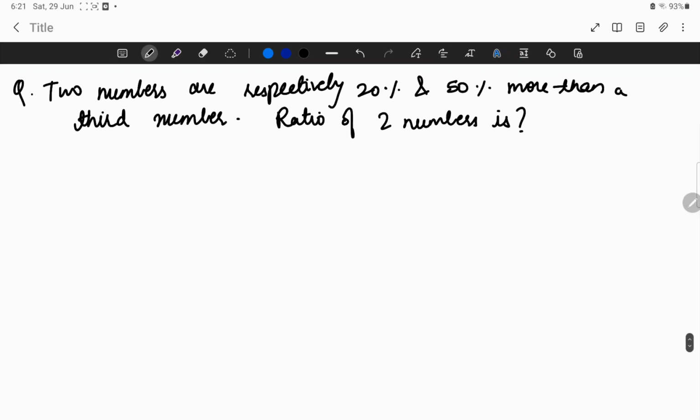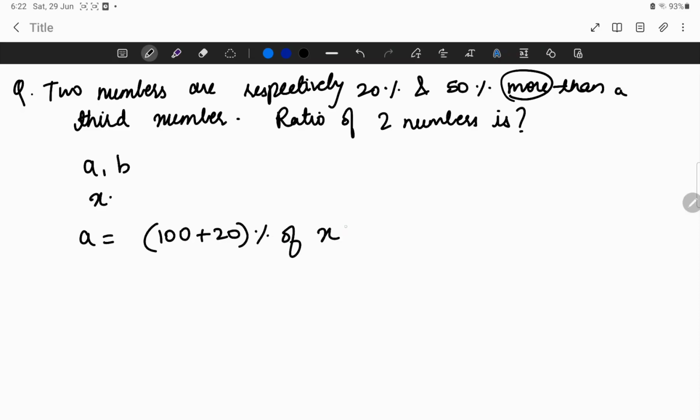Your next question is, two numbers are respectively 20% and 50% more than a third number. So what is the ratio of the two numbers? So let's say the two numbers are a and b and the third number is x. So a is 100 plus 20% of x.